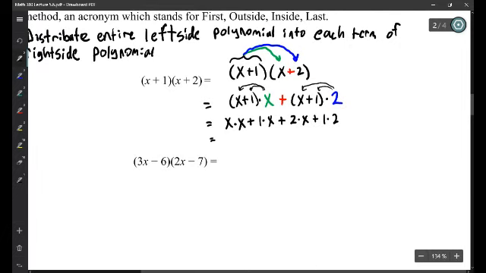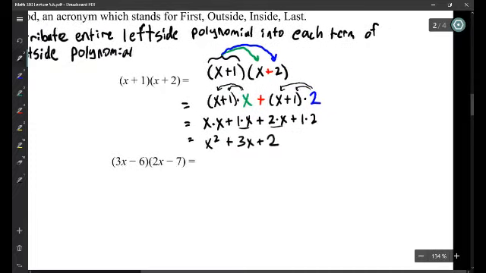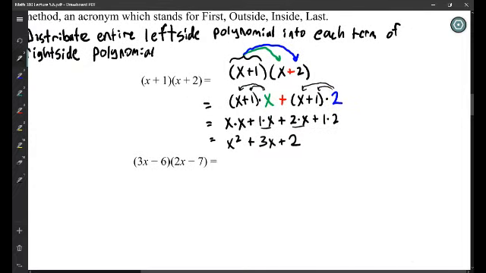Which cleans up into x squared plus 1x, which is just x, plus 2x. Let's combine these like terms. 1x plus 2x is 3x. And then 1 times 2 is 2. That is our solution.